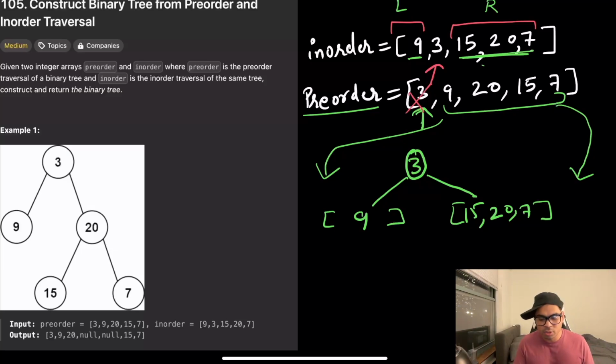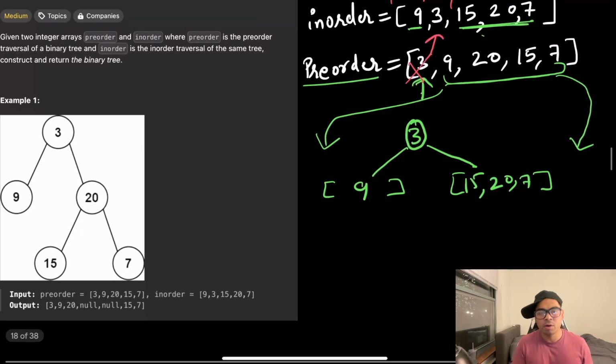Preorder will be common, because at the end of the day, we are just iterating preorder to get the root node, and we are using that value to find out how many values will be in the left subtree of that root and how many values will be in the right subtree of that root.